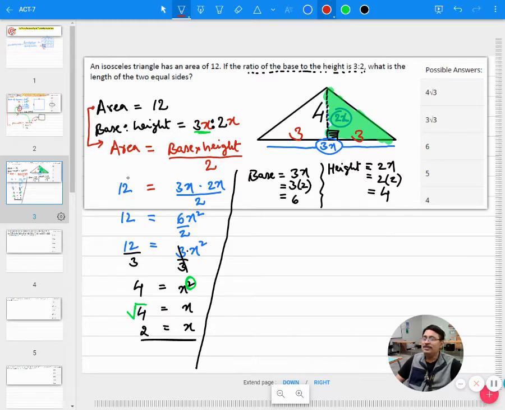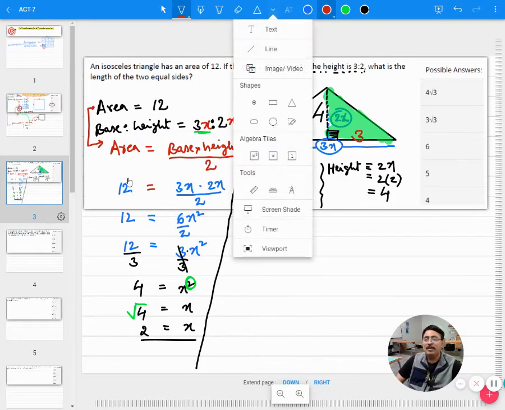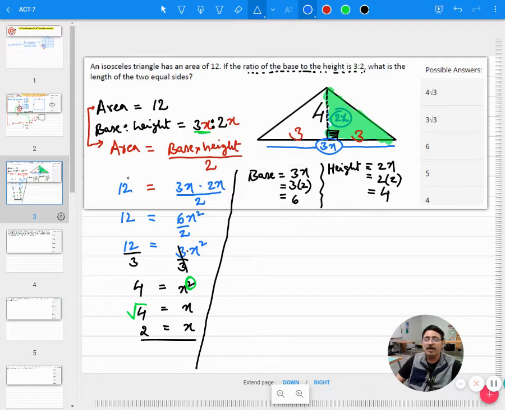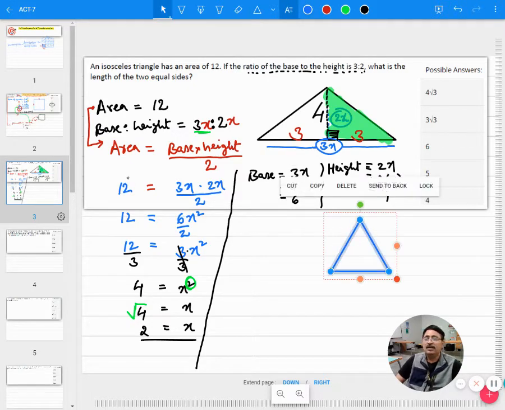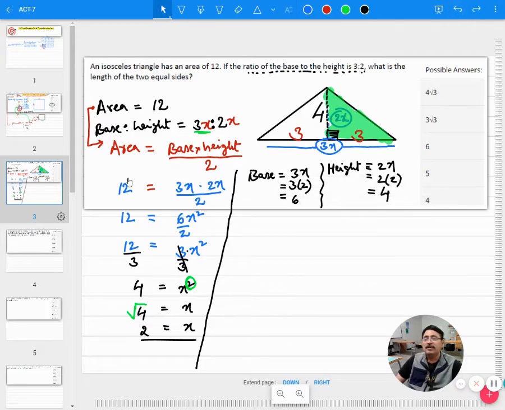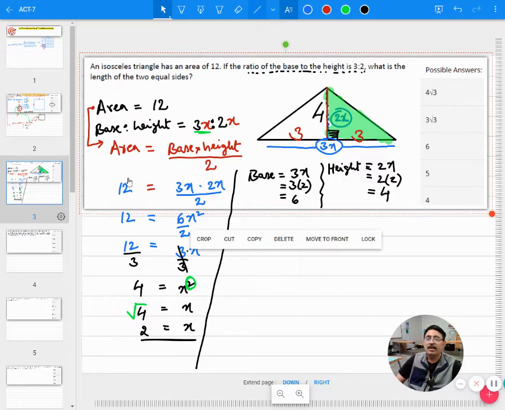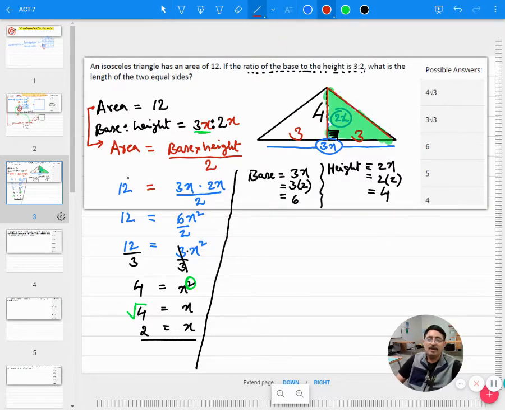Is it too messy? So, again, I'm repeating here. Let me take the lines. Now, this one is representing a right angle triangle.